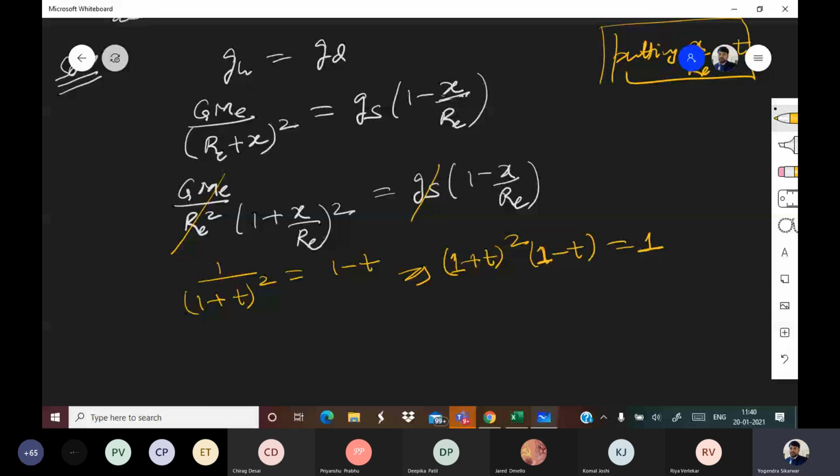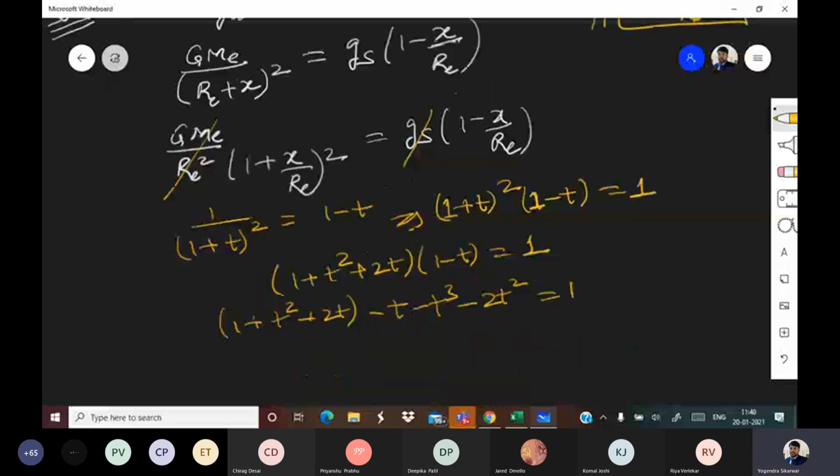So 1 plus T square plus 2T into 1 minus T is equal to 1. Alright. This will be 1 plus T square plus 2T. I have multiplied this with this, minus T minus T cube minus 2T square is equal to 1.